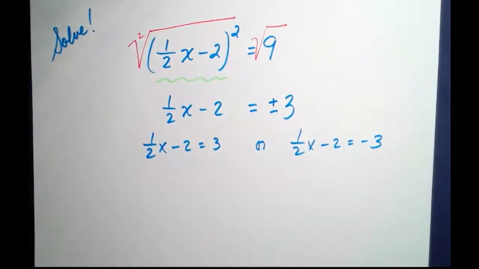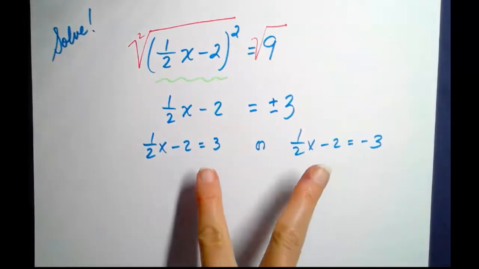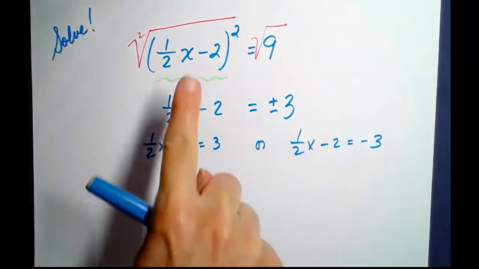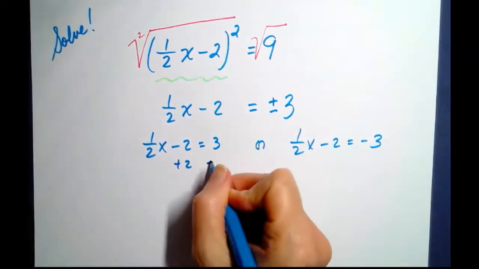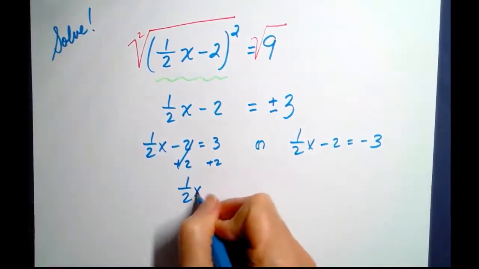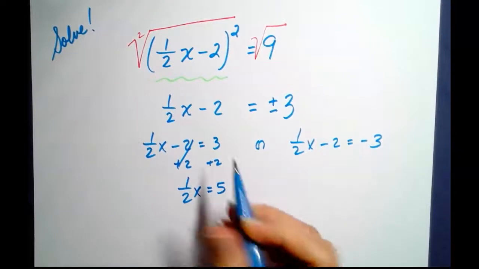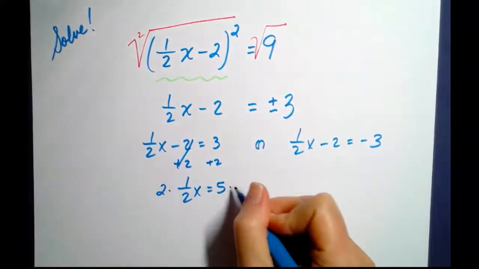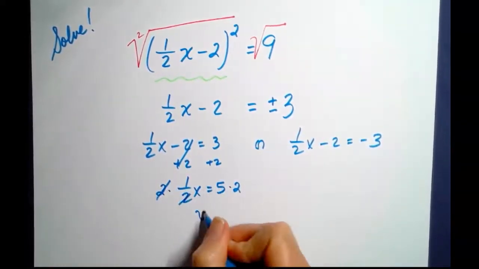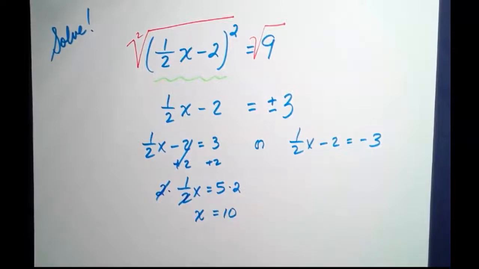Solve the two equations for x to get our two answers, because this is a quadratic equation. Plus 2, 1/2 x equals 5. How do we undo a times 1/2? We use the reciprocal, times 2, x equals 10.